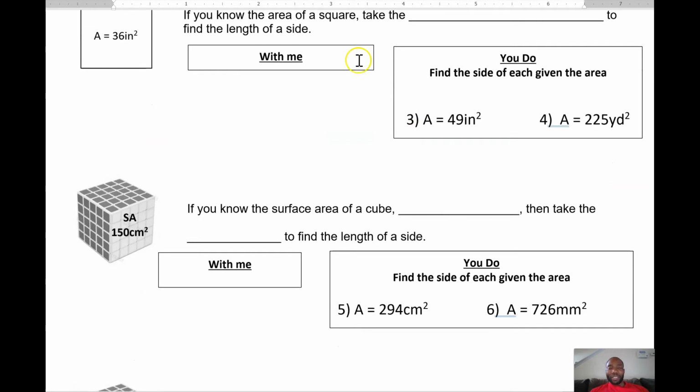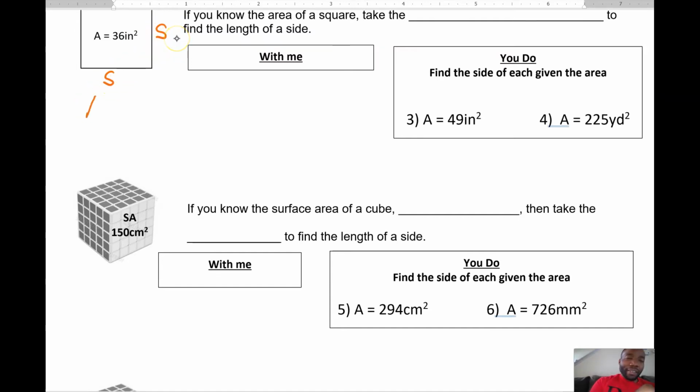All right, the next one says, if you know the area of the square, do what to find the length of the side? Well, let's talk about area. So in this problem right here, I know that a side times a side gave me the area of 36. I know some of y'all can figure out what that number is just by what I just said.